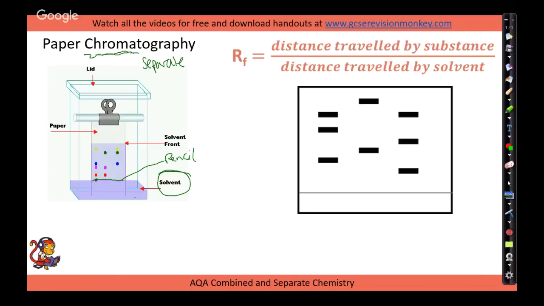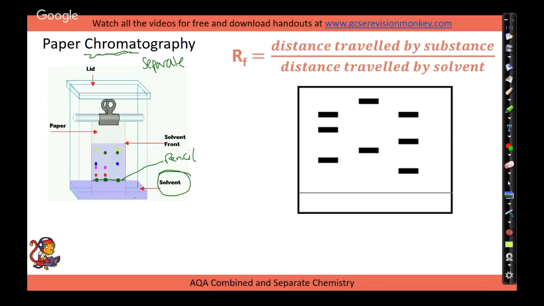So it could be that you're looking at food dyes, or other dyes that go into clothing. You could be looking at taking particular food samples out of things to test them in some way. It could be absolutely anything that you want to test. It could be a pen dye or something like that.